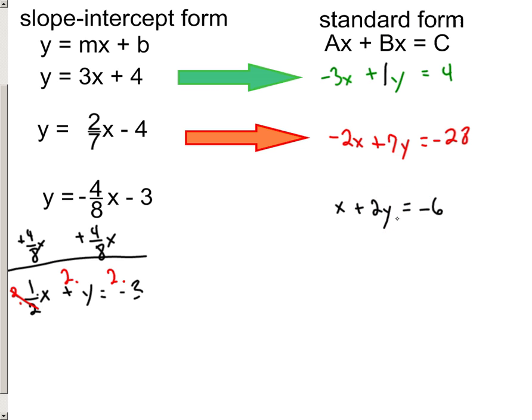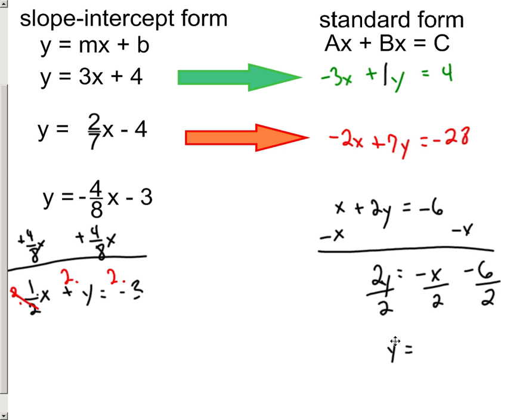And we can actually check it by getting this 2y all by itself and seeing if we get this. So let's see, minus x, and we're left with 2y equals negative x minus 6. Divide by 2. And hopefully you can see how, because this has a negative 1 there, that's the same as negative 1/2 x, and this is the same as minus 3, because negative 6 divided by 2 is negative 3.